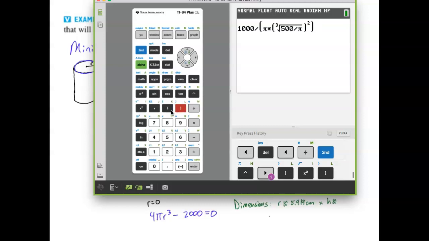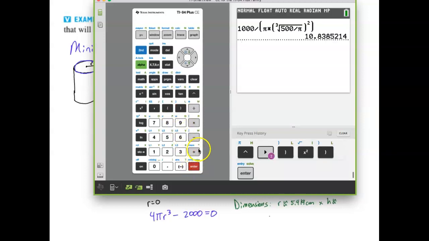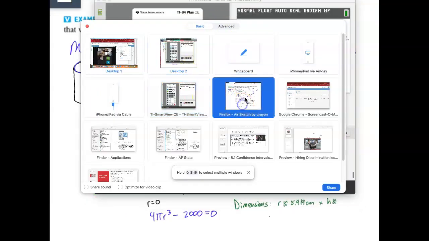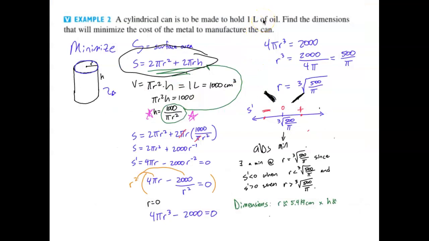I think that's it. 1,000 divided by pi r squared, that'll do her. So the height is approximately 10.839. Whoops. I wrote that, so 10.839.